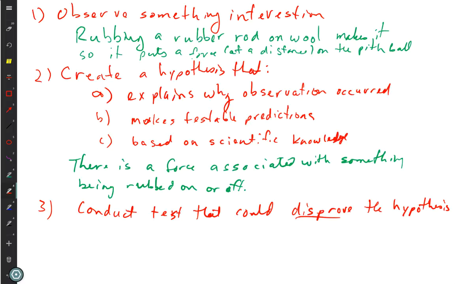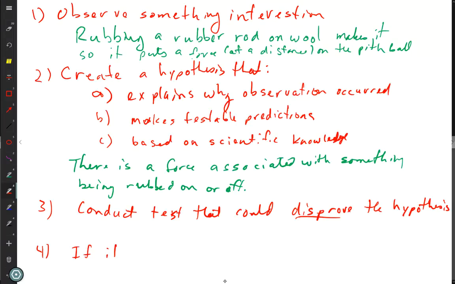We go back and we change the hypothesis, so step 4 is: if it fails the test, change the hypothesis to include the new information.